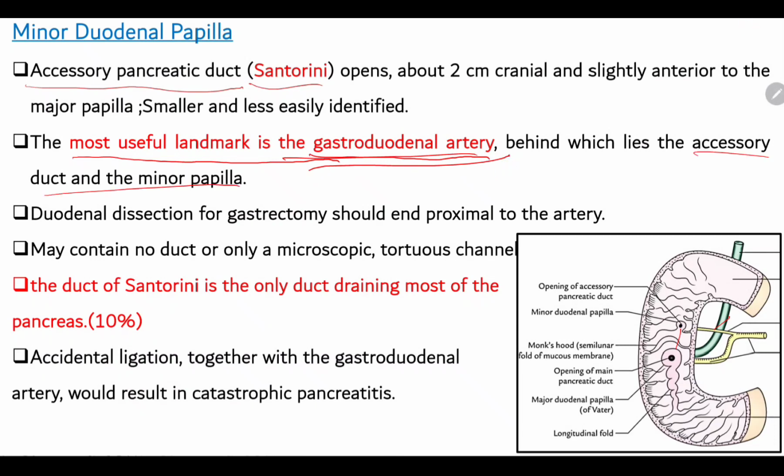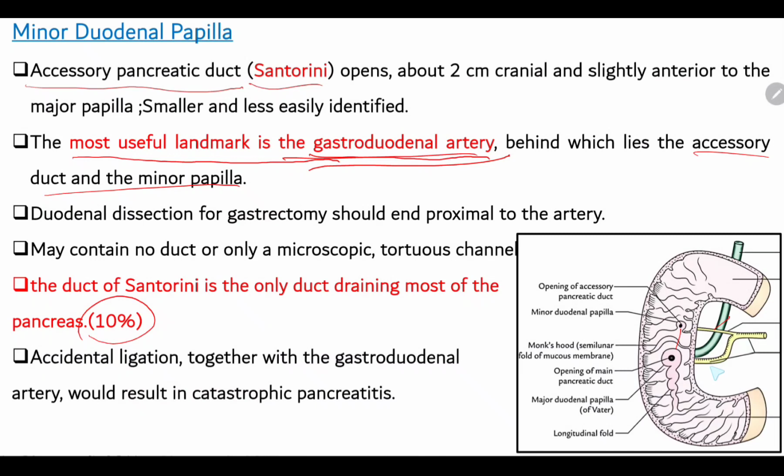Here one thing you should remember about this duct of Santorini, the accessory pancreatic duct at the minor duodenal papilla. In some cases, in 10% of individuals, there is only a minor pancreatic duct; that is, the major pancreatic duct is absent in 10% of cases.